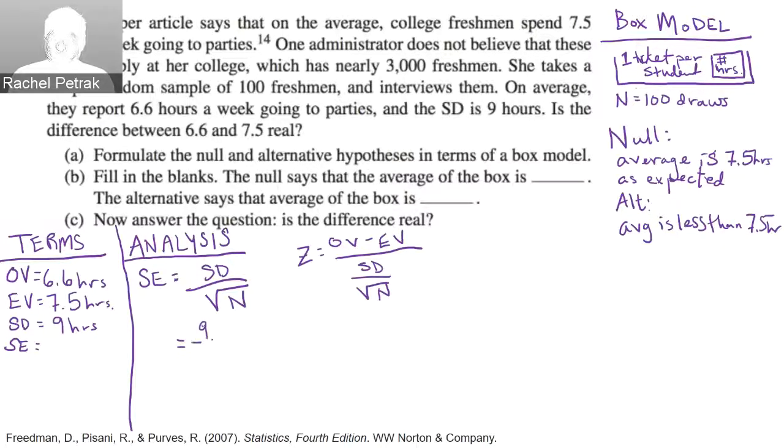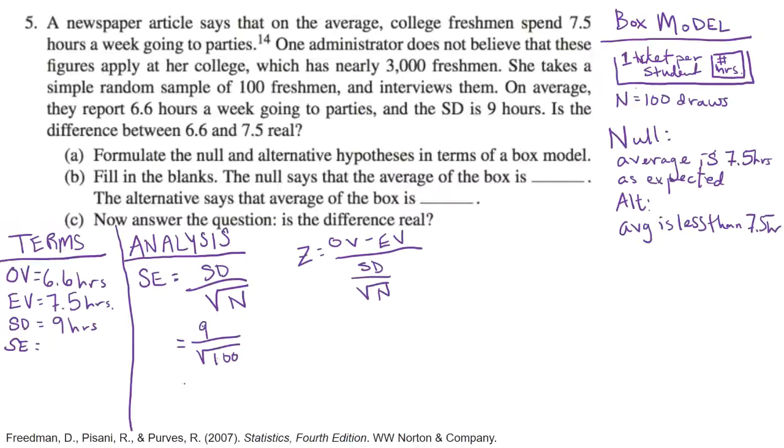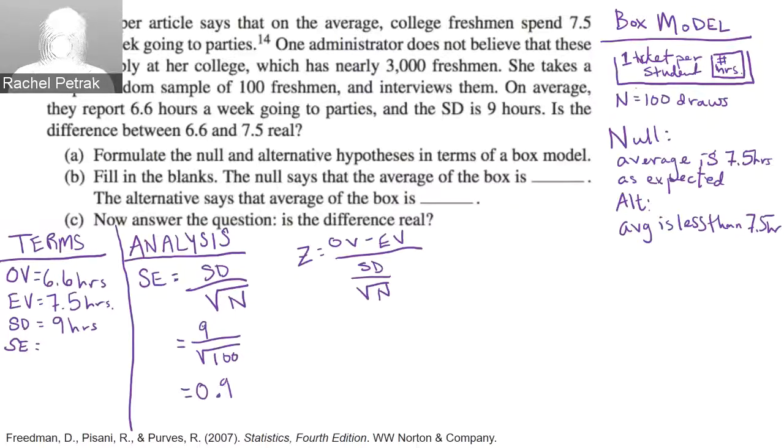Our SD is 9 divided by our square root of draws, which is 100. It'll be 10, which gives us a standard error of 0.9. This quantity is just equal to the standard error.